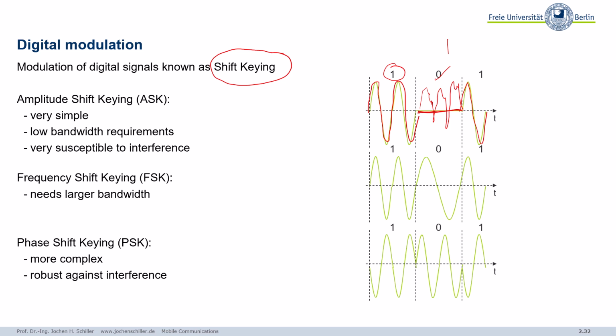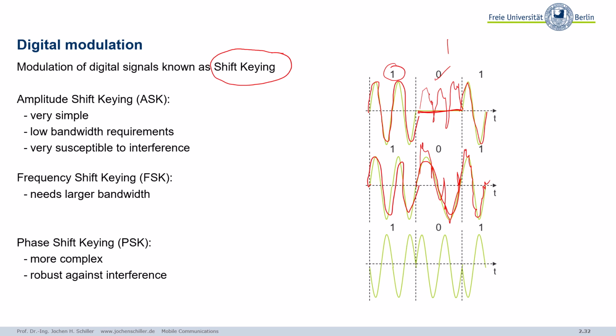We even had different frequencies for the directions, so we could do something that's called full duplex, sending and receiving at the same time. So 1 in this example has a higher frequency, 0 has a lower frequency. So that's the idea. If we now have some interference added, the hope is you can still distinguish this lower and higher frequency plus interference.